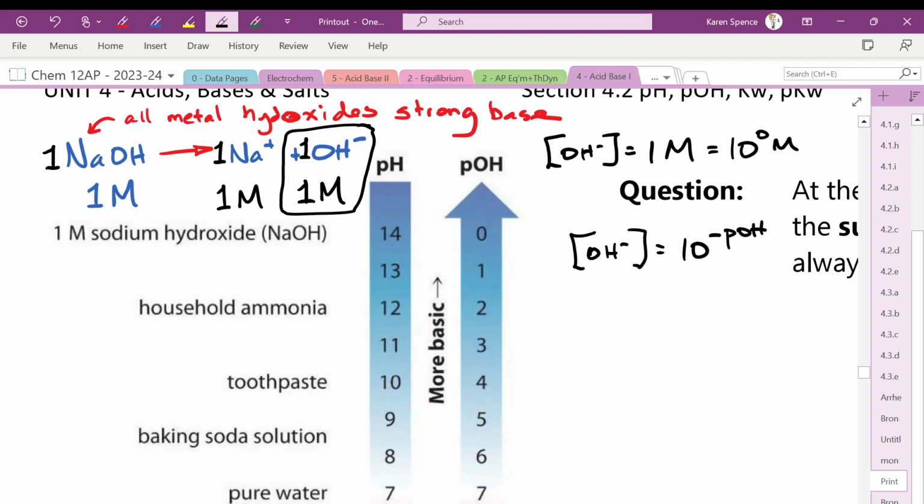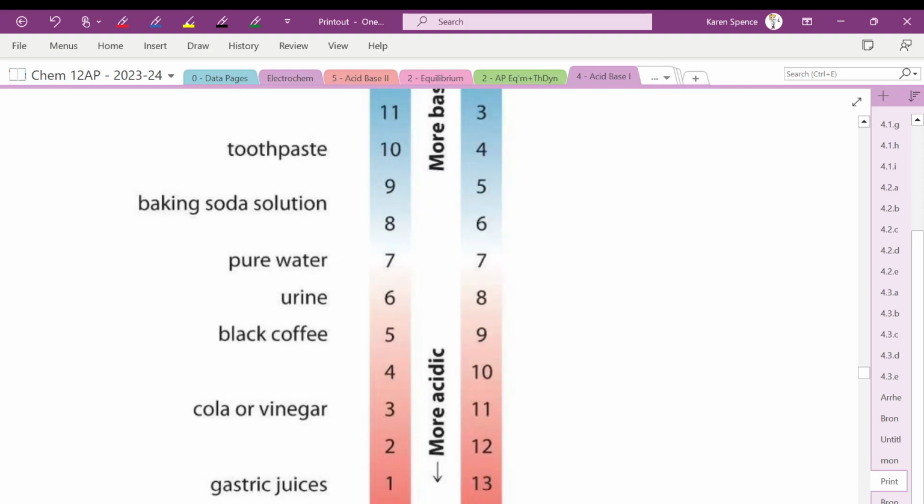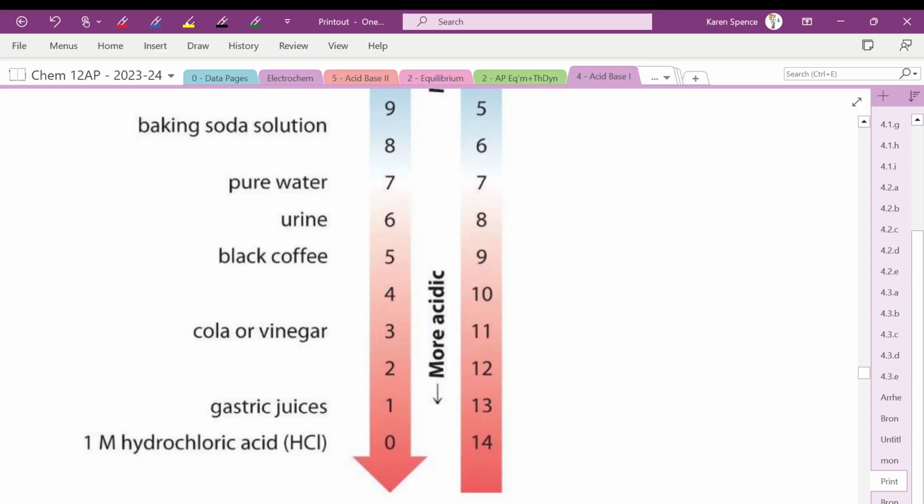Household ammonia, pH 12. Toothpaste, pH 10. Baking soda, pH 8.5-ish. Pure water, pH 7. Urine is actually a little bit acidic. Black coffee, 5. Cola or vinegar, 3, which is why if you drink a lot of pop, it's really hard on your teeth.